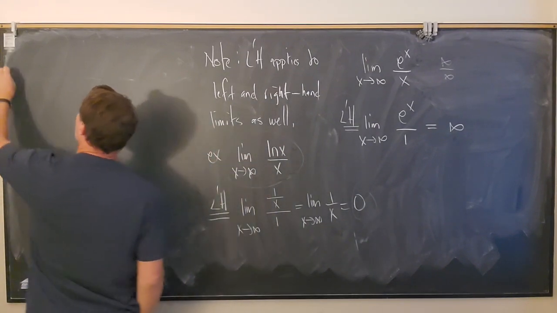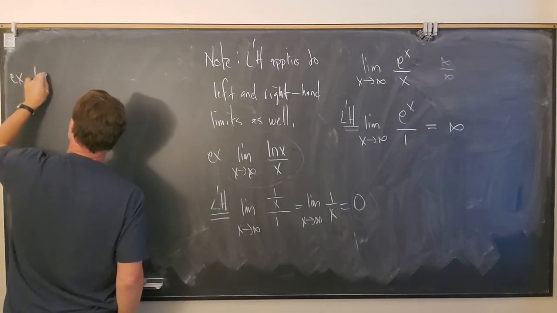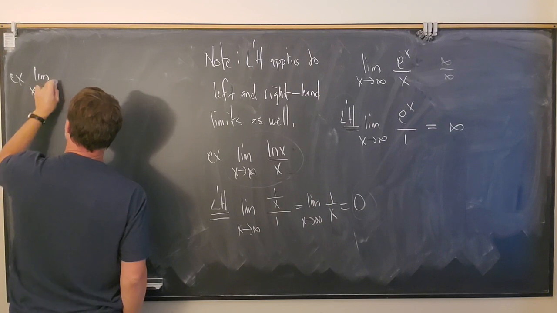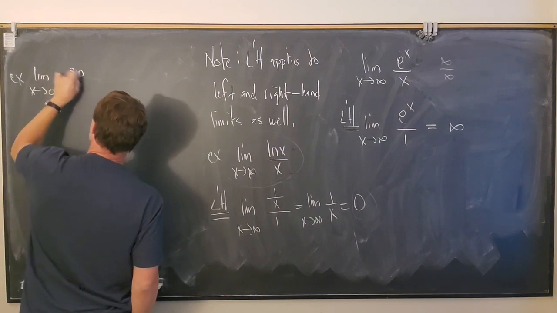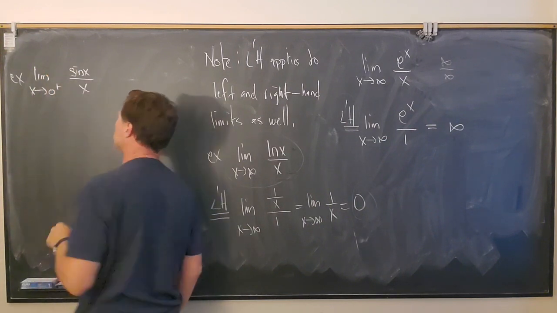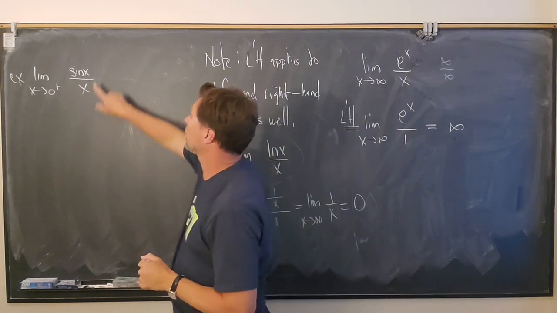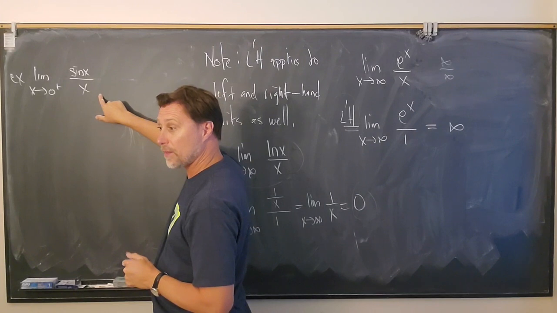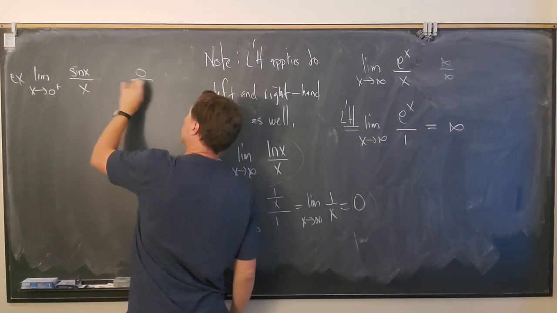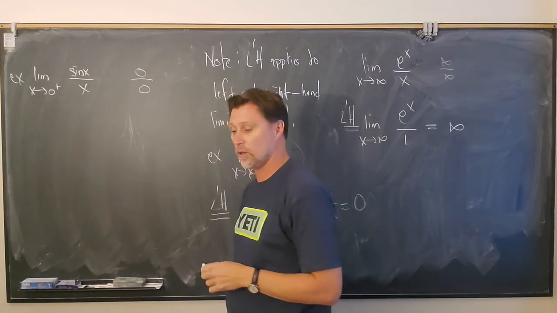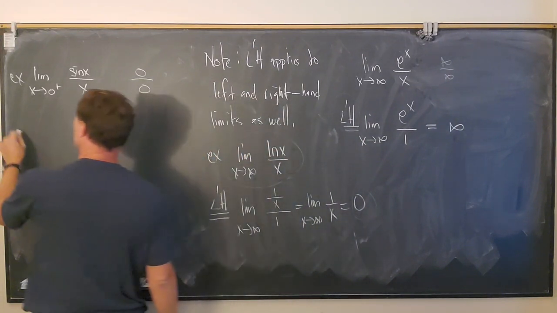Okay, next example. Let's do the limit as x approaches 0 from the positive side of sine x over x. Compute individually: as x approaches 0, the numerator and the denominator are both approaching 0, so this is indeterminate of type 0 over 0, which means we can apply L'Hopital's rule.